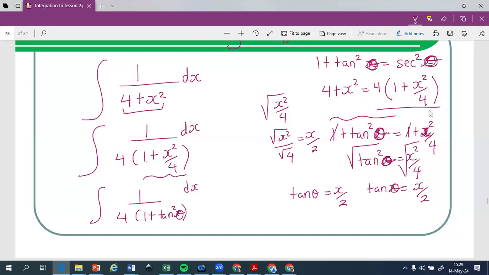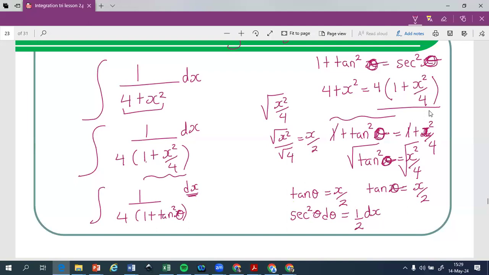When I differentiate tan of theta, members, what do we get? Sec squared theta d theta is equal to x out of 2, we end up with a half dx. Now, since you want to substitute for dx, you make dx the subject.